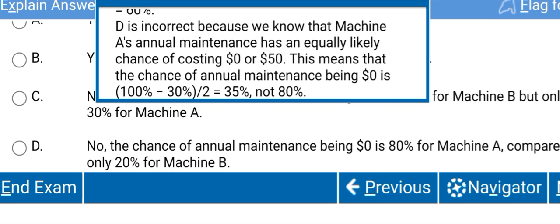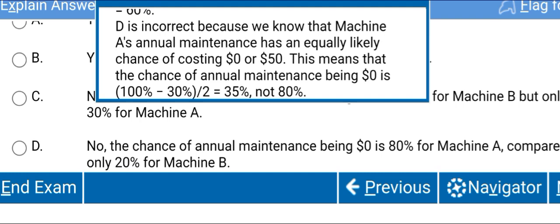This means that the chance of annual maintenance being $0 is (100 minus 30%) divided by 2, which equals 35%, not 80%.